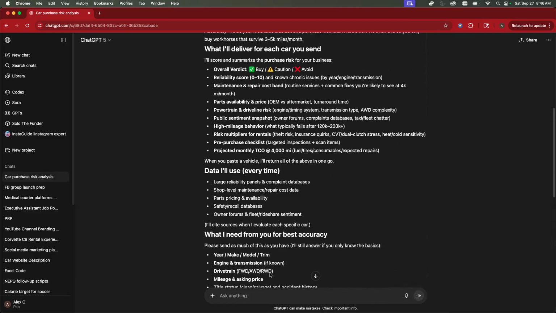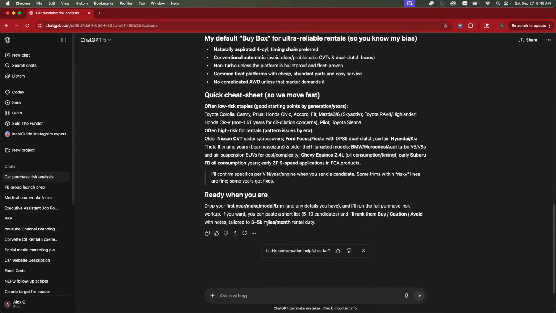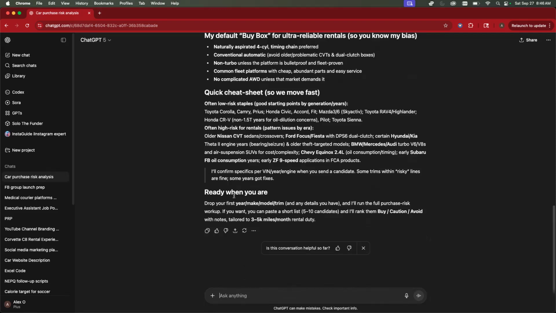So it's telling us exactly how it's going to give us the information. This is exactly what we want, and then it says, "Ready when you are. Drop your first year, make, and model." And we're going to test this in real time, so that you can see for yourself.